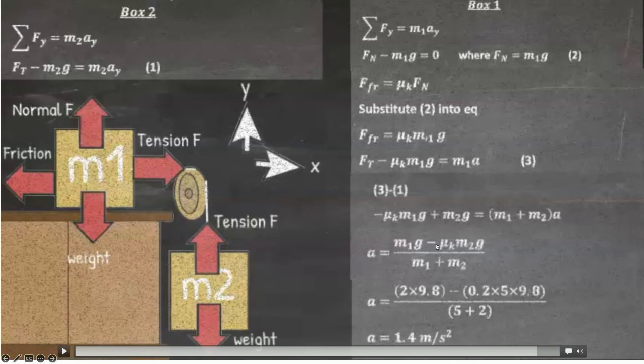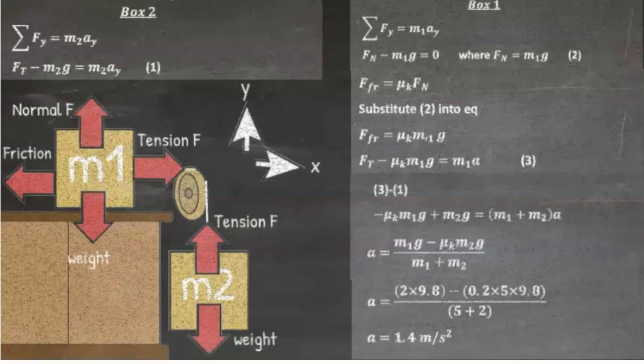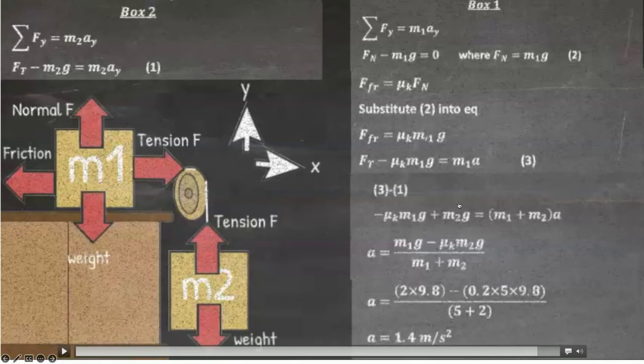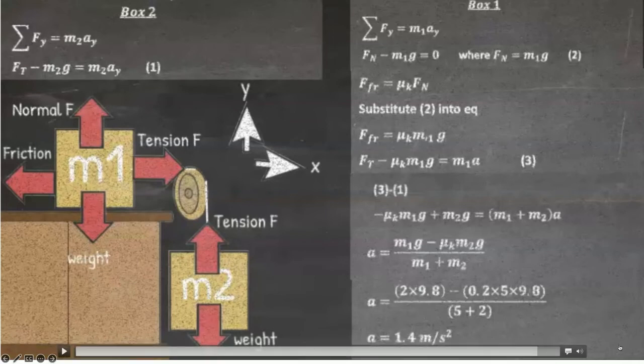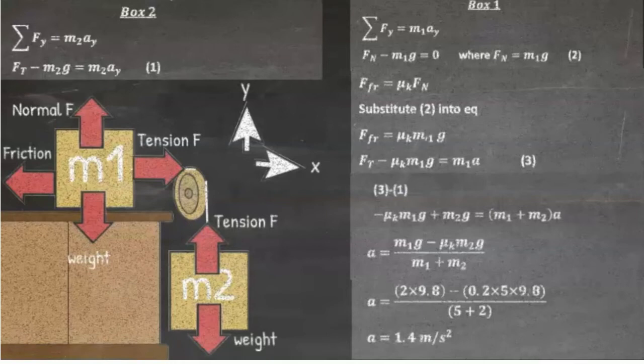So that's what we've added to the problem. We can rearrange the equation and we get mass 1g minus mu k, which we know mass 2 and we know g, and then we also know the sums of the masses. So we're able to get rid of the tension force that we didn't know, like we did previously, and find the expression for acceleration that we have all the terms for. So I'll leave that up there.